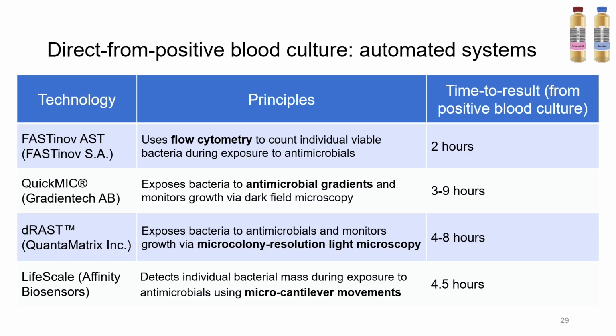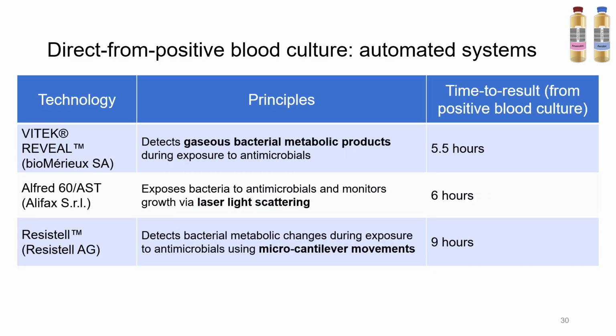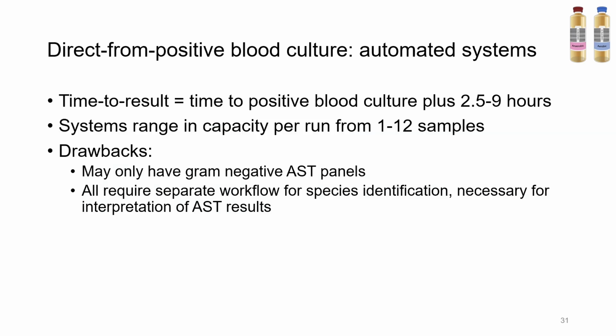There are some interesting biophysical detection mechanisms, like this microcantilever, where the bacteria are stuck to it and it moves, and that physical signal is translated into growth. Other methods use more of a metabolic activity approach, where you're looking at the metabolic activity of the bacteria rather than the actual growth of individual bacteria. All of these systems are, again, decreasing the time to result for the AST by about a day.